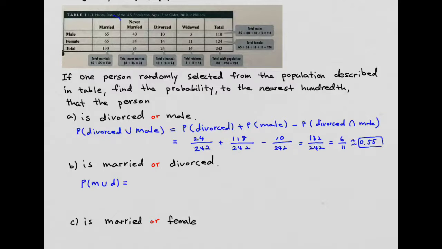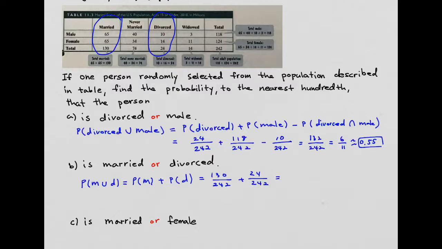So this is going to be married, and this is going to be divorced. That's mutually exclusive because you don't see any overlapping area. It means you just need to do the probability of married plus the probability of divorced. The probability of married is 130 over 242 plus the probability of divorced is going to be 24 over 242.